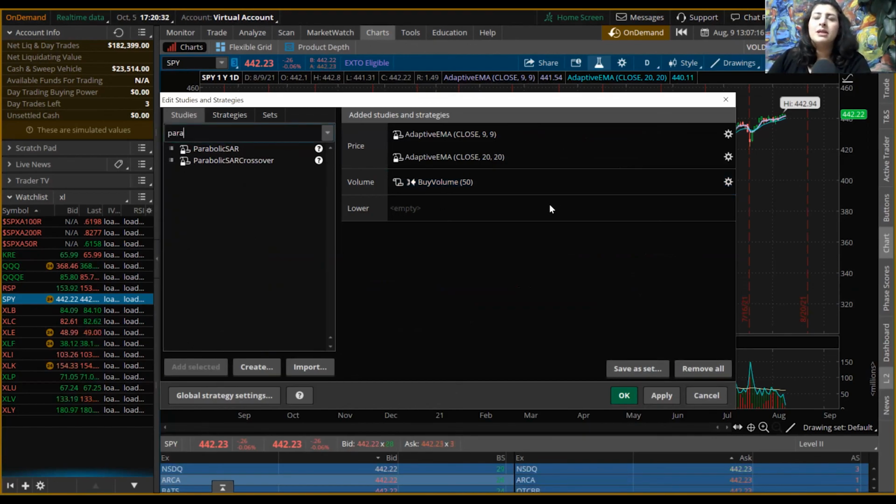One of them is the dots, and the crossover is actually an arrow. It'll show you when the calculation is flipping from bullish to bearish or bearish to bullish, giving you an arrow to show the trend is shifting.